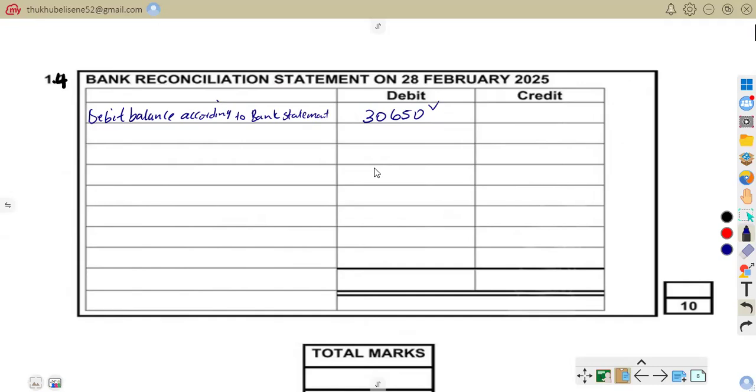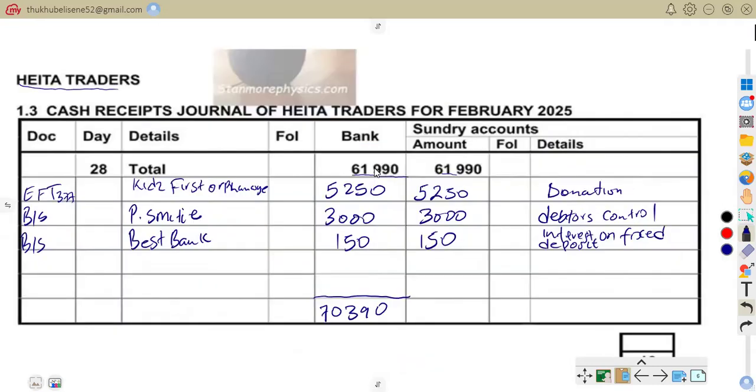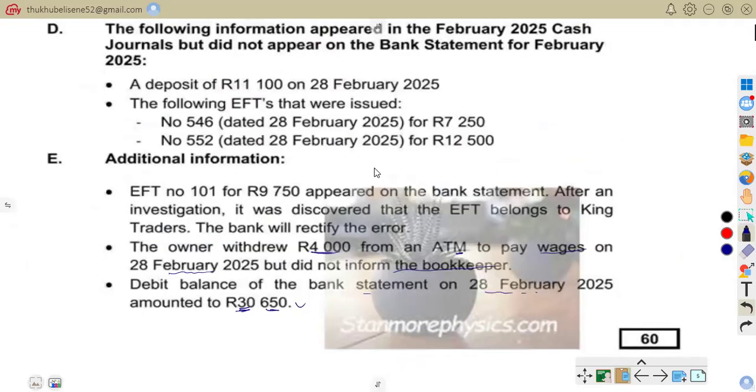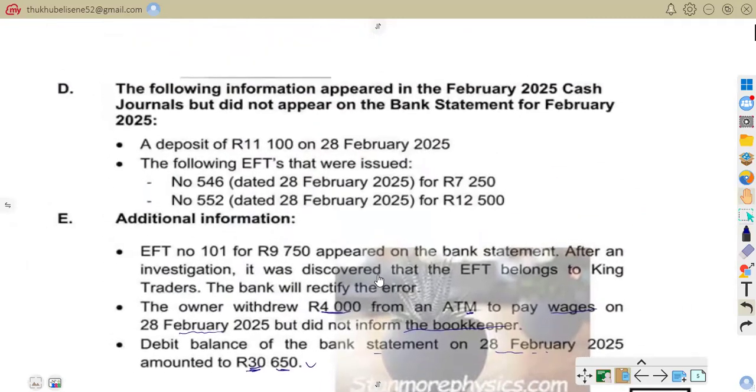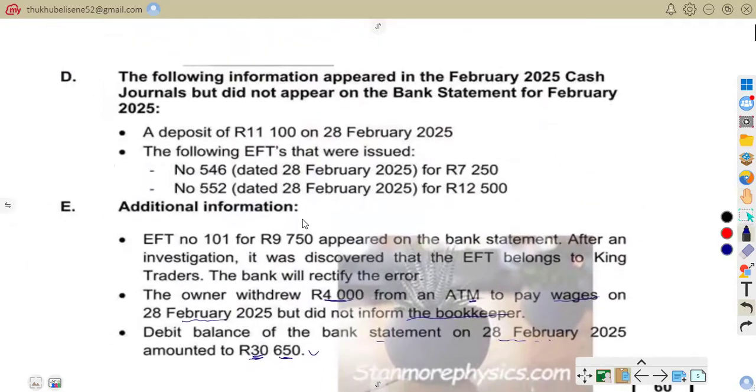Now we are to credit outstanding deposit. Let us try to see the information that talks about outstanding deposit. Without even going far, information D has our outstanding deposit. As it said, a deposit of 11,100 on 28 February 2025.